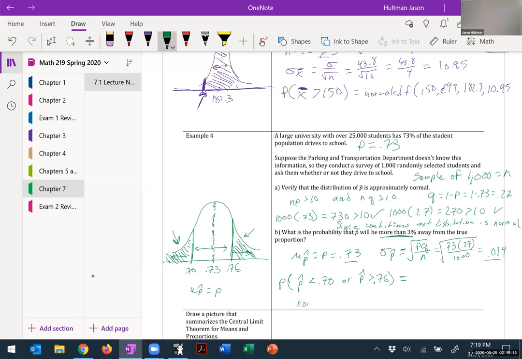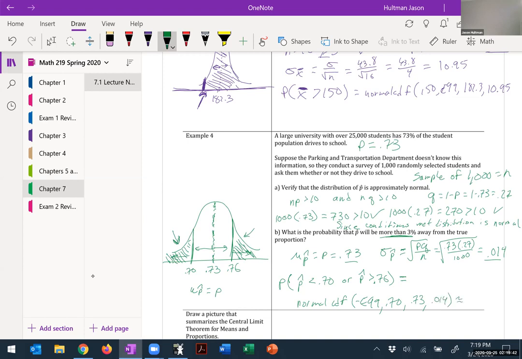So if we want p hat less than 0.70, then what is that? Well, that's normal CDF of negative E99 to 0.70. My mean was 0.73, and my standard deviation is going to be 0.014.